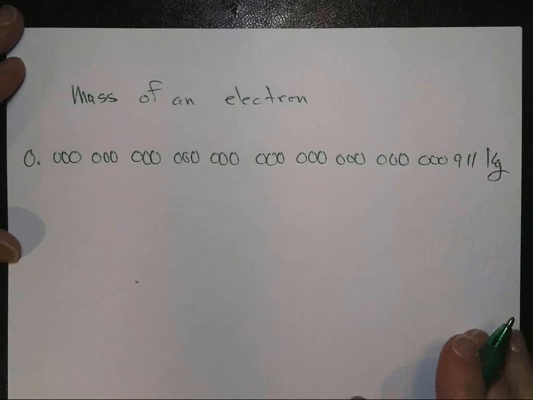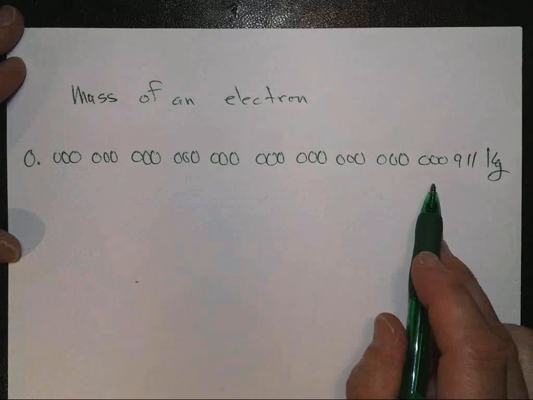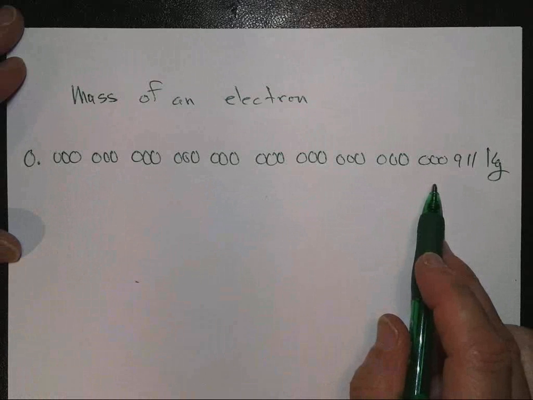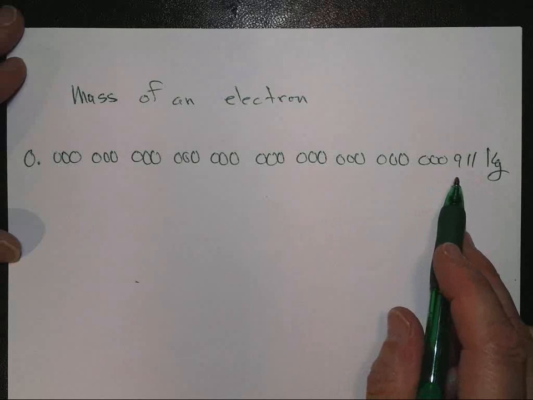That's the mass of an electron to 3 significant figures. Now note that these are all left-hand zeros, and they are just placeholders. They tell you where the sig figs start, how small this number gets.